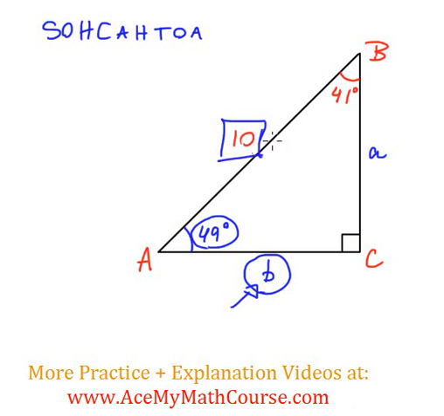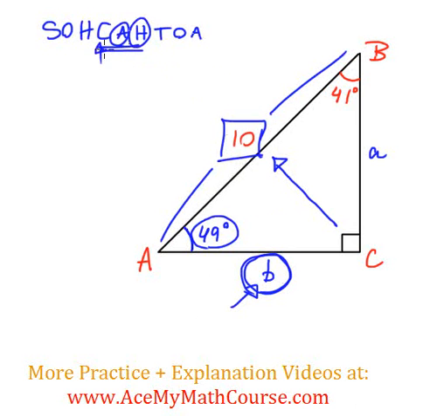I have this, the 10, and that is the hypotenuse, because that's the side opposite to the right angle. So I have the adjacent to angle A, because that's the little side directly beside the angle, and the hypotenuse, so I want to use cosine.